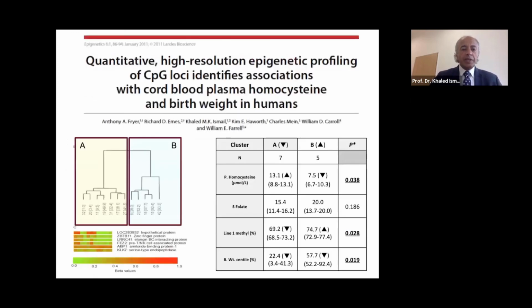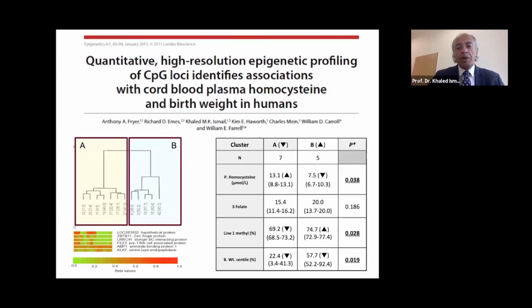Based on this, we did more sophisticated experiments looking not at global methylation, because global methylation is quite a rough estimate of the level of methyl groups within a genome. We started actually looking at the CpG islands I mentioned before. We looked at about 7,000 of these in somatic cells using a process called high-resolution epigenetic profiling.